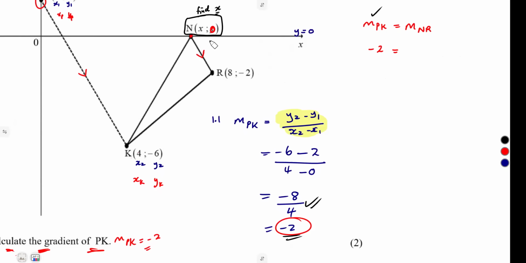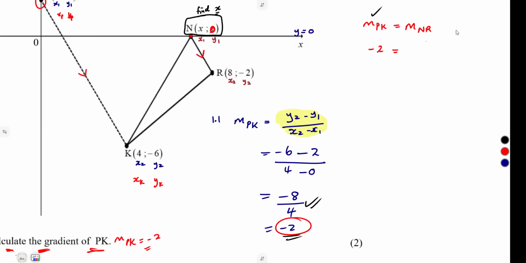You can decide N to be your first point, so you're going to use this as x1, y1. Then R is going to be x2, y2. So let us use that in the formula, y2 minus y1. We are calculating the gradient of the line NR, but using the formula for gradient, it is the same.